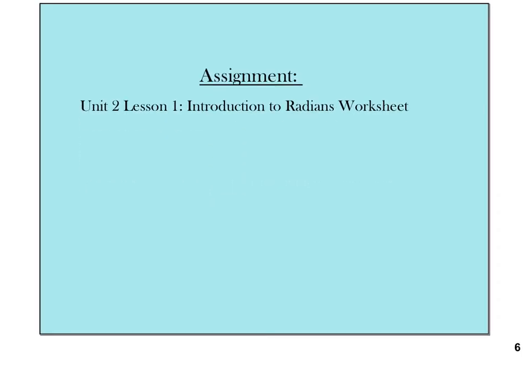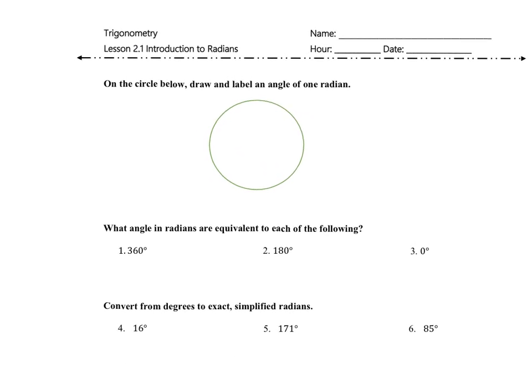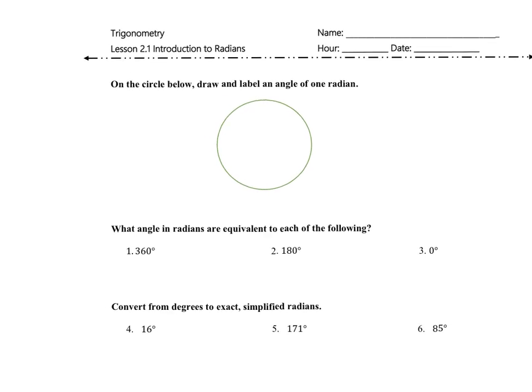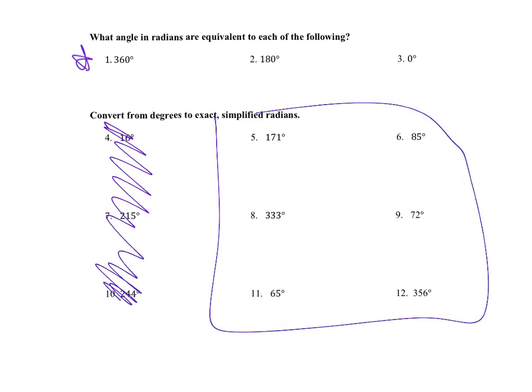So now I want to look at your assignment. I want to make your life easy and chop some things down. So here's your assignment. You can skip this part. I want you to do this part. And you can skip this left-hand column, so only do these 6.